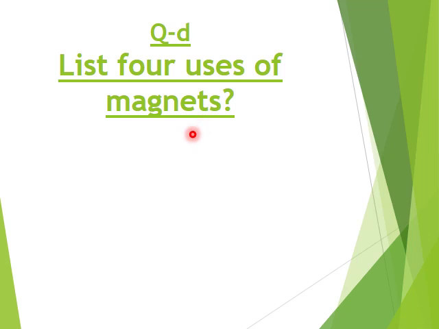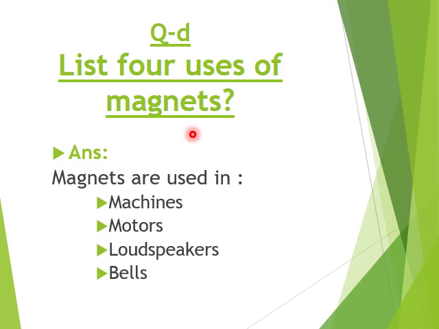Yes, my dear students, you are right, you think right. There are 4 uses of a magnet. Number 1, magnets are used in machines. Different types of machines have magnets.